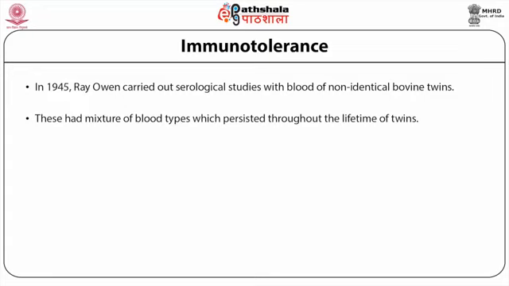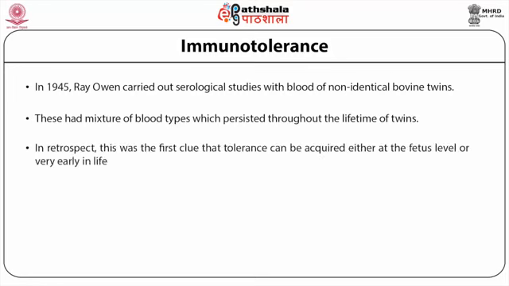The puzzle was that if each calf was born separately, each would have a single blood group type present in the mixture form of blood of twins. In that case, blood of calf X injected into calf Y would provoke an immune response. In retrospect, this was the first clue that tolerance can be acquired either at the fetus level or very early in life.